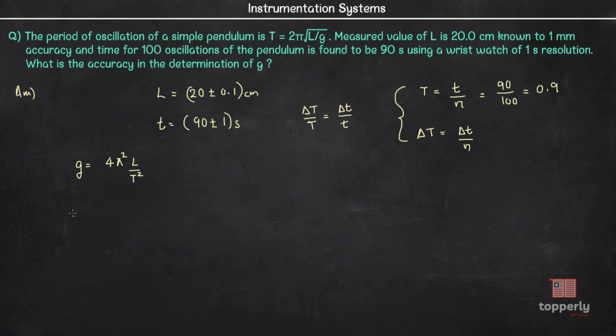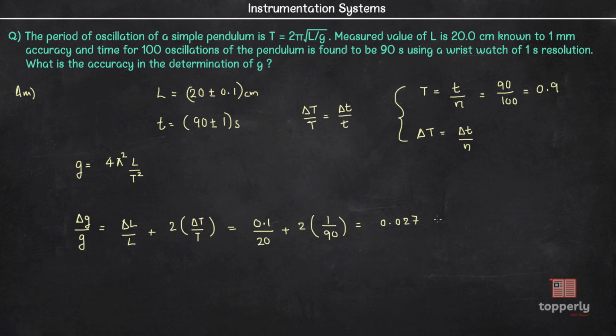Now to find the error in g, delta g by g is equal to, we can ignore the constants like pi square, delta L by L plus 2 times delta T by T. The uncertainty delta L is 0.1 centimeter and the value of L is 20, plus 2 times delta T, which is 1 second, and the value of t is 90 seconds, which is 0.027.